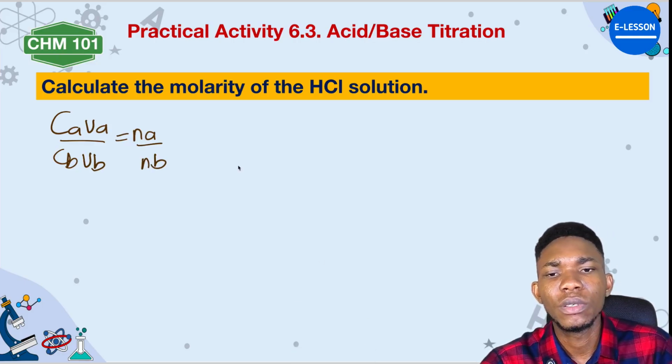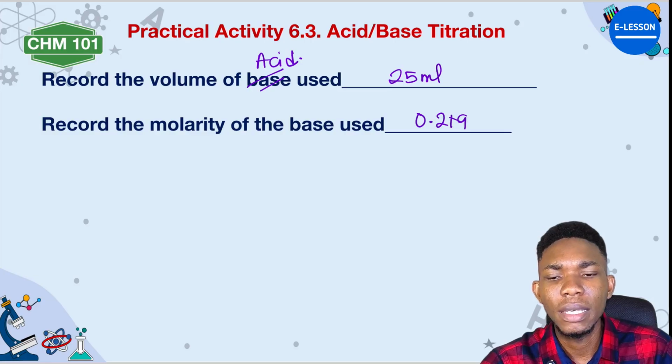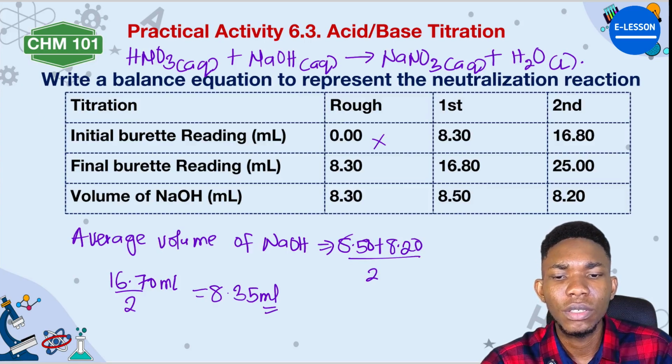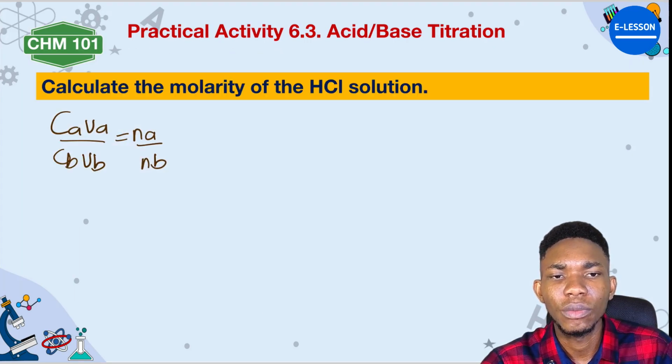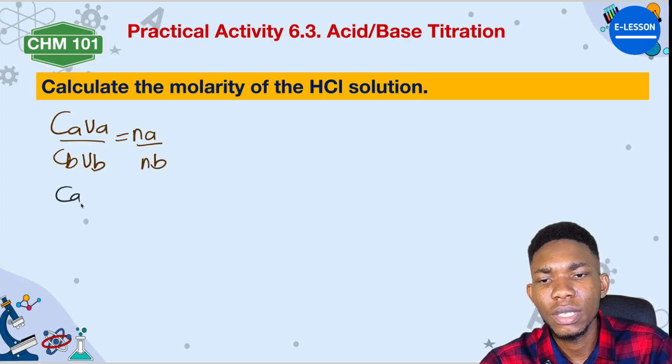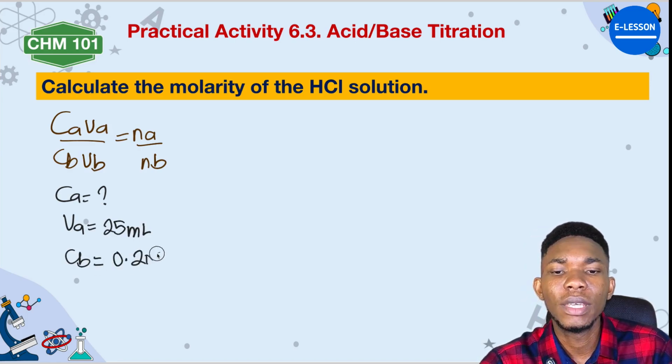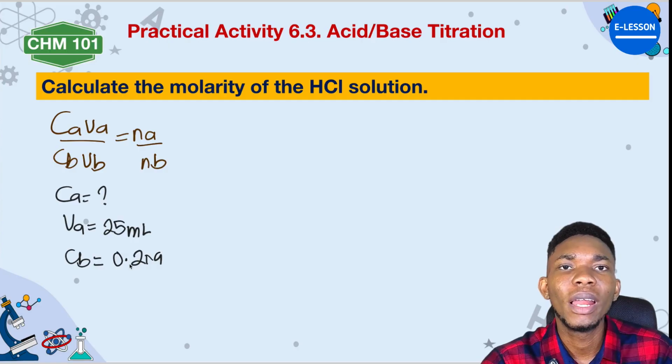Our Ca, the concentration of the acid, HCl, is what we are looking for, so Ca is unknown. Va, the volume of acid used, is 25 mL. Cb, the concentration of base, is 0.2 molar.